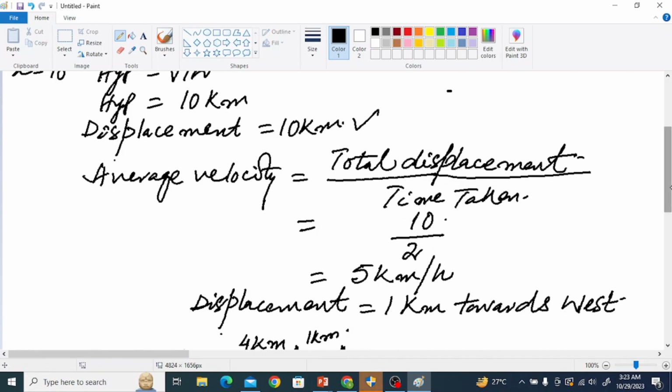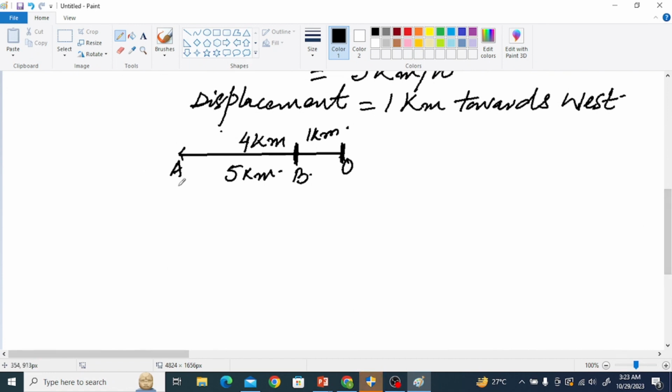In this part, the total displacement is 1 kilometer and the total time of the journey is 1 hour. So the average velocity is 1 kilometer per hour. This is the average velocity.